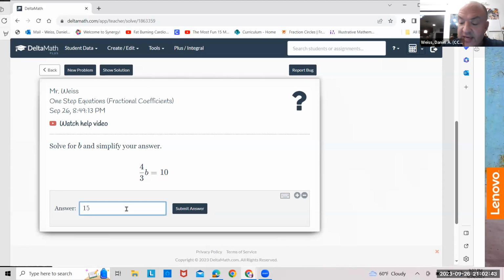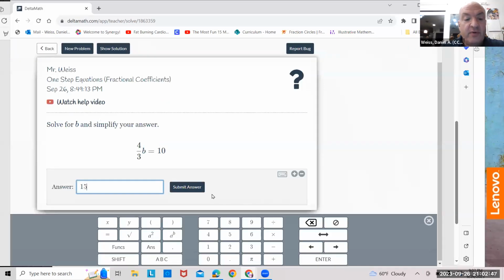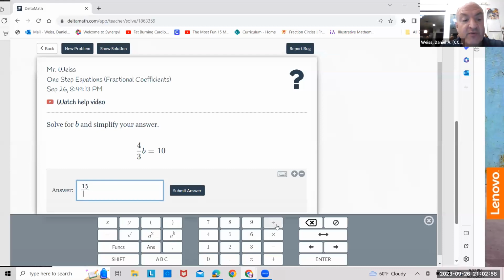You hit your divide key. Actually, just so you know, if you hit on this keyboard right here, it'll bring up the keyboard. So if I hit 15, and here when I hit divide, it makes a fraction, just like it does on Desmos.